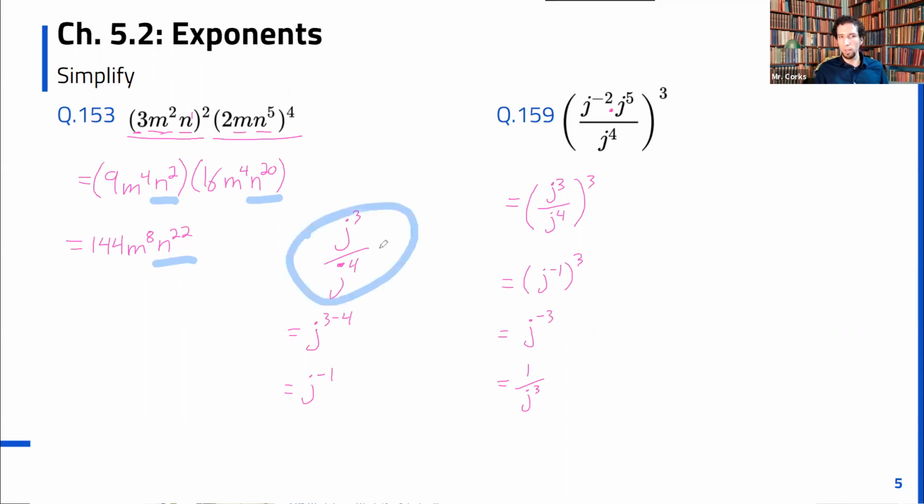So it's the same thing here, except instead of multiplying, we're dividing. So instead of adding, we are subtracting the two. But underlying, it's the exact same principle and rules, just the adding changes to subtracting, multiplying changes to dividing.